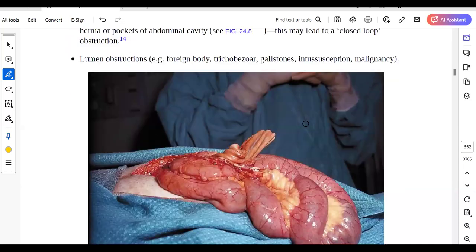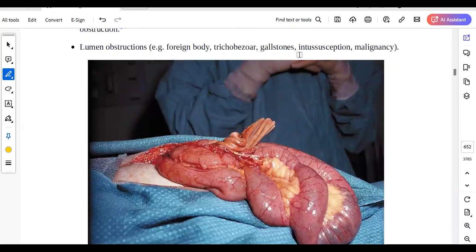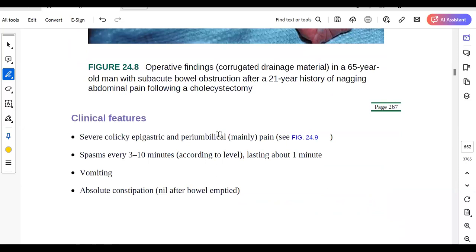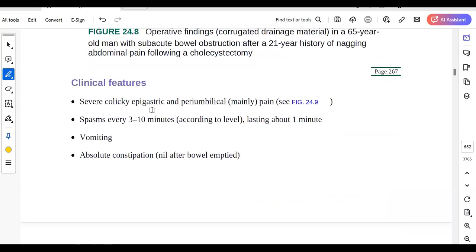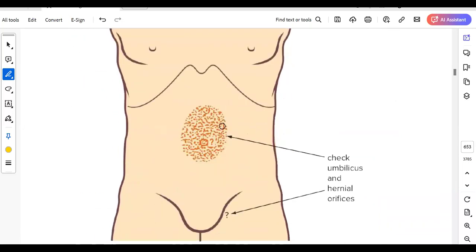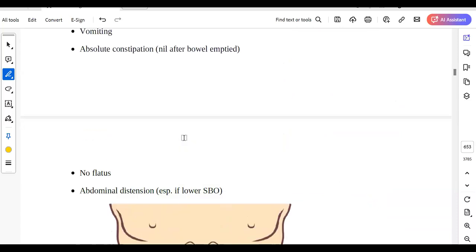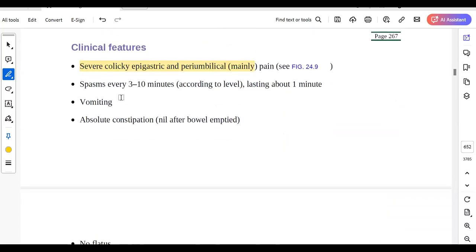Apart from adhesion, sometimes the cause could be a foreign body, gallstone, intussusception, or malignancy. Not very common, but they can also cause a small bowel obstruction. Clinical feature, the patient will have severe colicky pain, especially epigastric and periumbilical. Because it's colicky abdominal pain, the pain will come sometimes every 3 to 10 minutes, lasting for a minute and then gone.